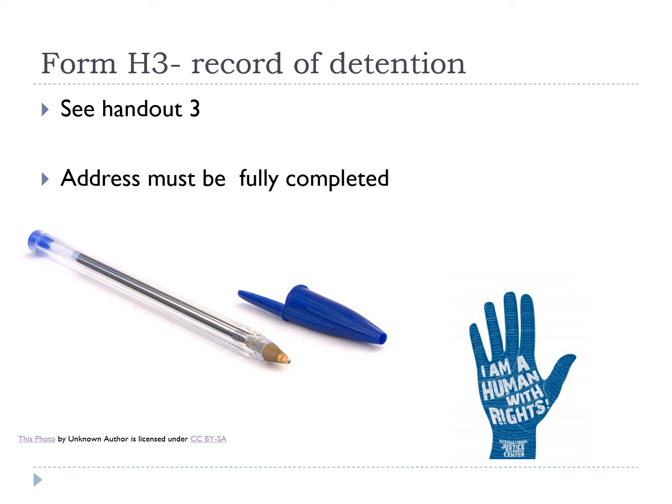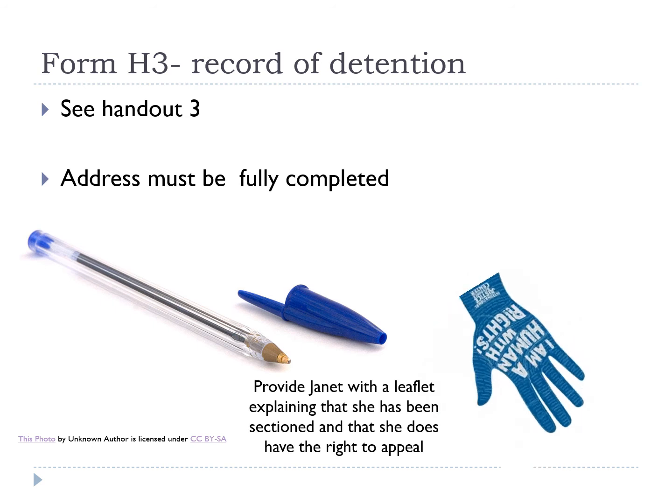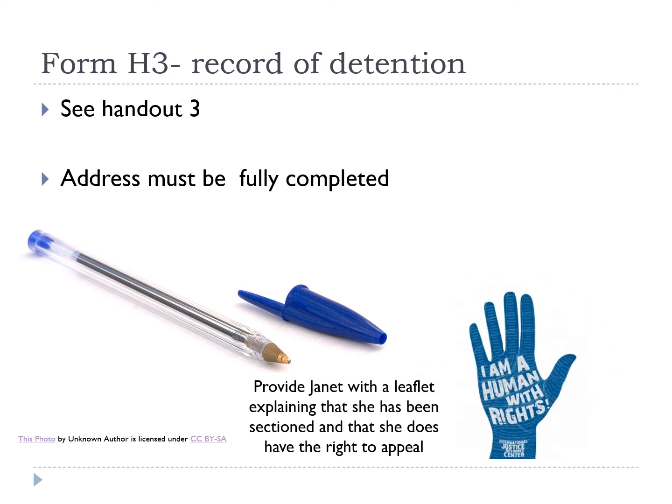But in Janet's case, she's been detained under a Section 2 and it's going to start here on the ward. The H3 is basically a form that confirms that a registered nurse has received all the documents that the AMP will provide you after their assessment, and you complete this form, and from the date and time that you complete, this is the date and the time the section will start.